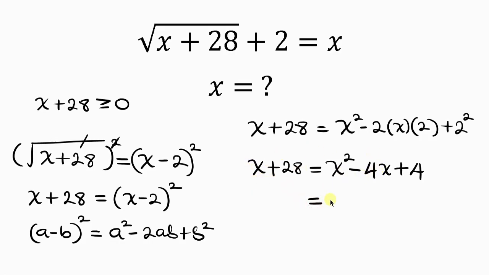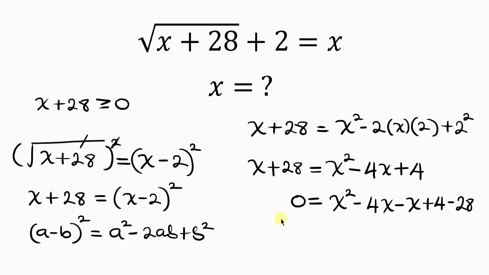On the right we have x squared minus 4x, and moving x to the right it becomes minus x. I have plus 4 here already, and moving 28 to the right it becomes negative 28. Now there's nothing on the left-hand side, so this is 0.